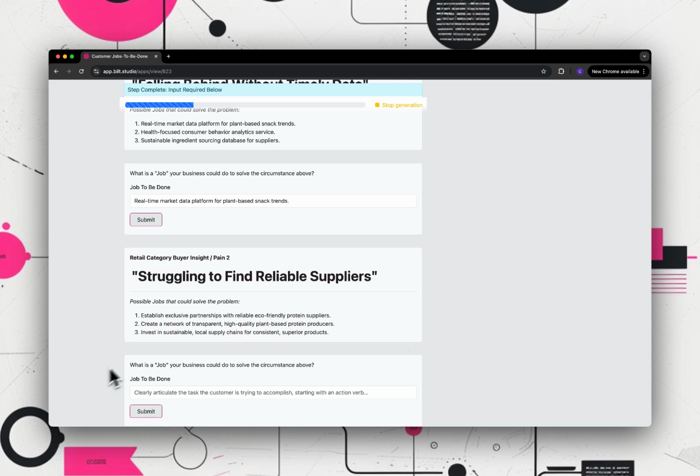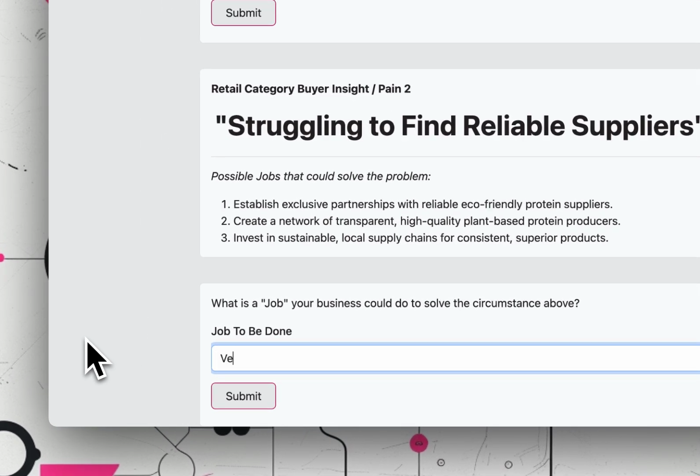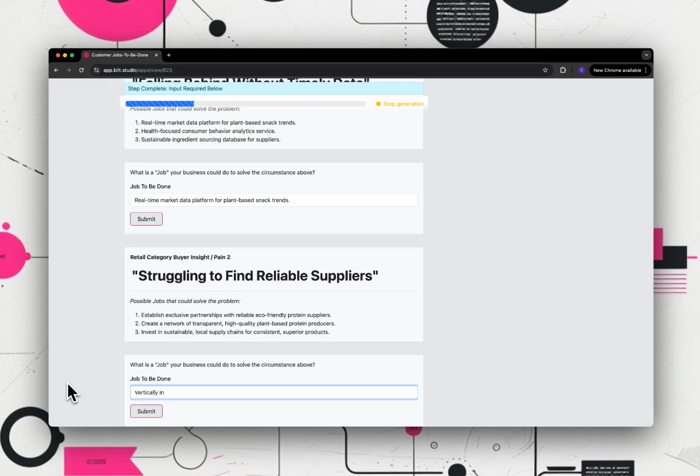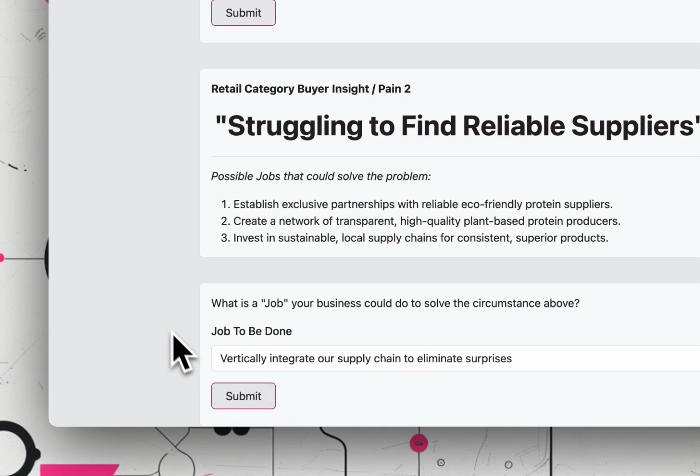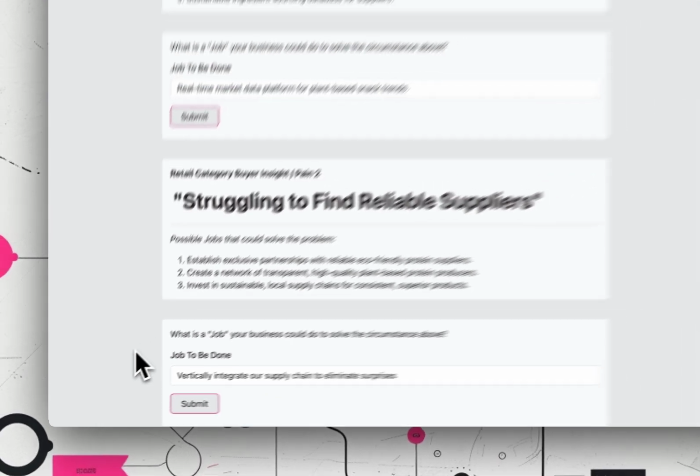Reliable suppliers. So remember I had said that I'm vertically integrated. So I could say vertically integrate our supply chain to eliminate surprises. All right. That's for pain point number 2.